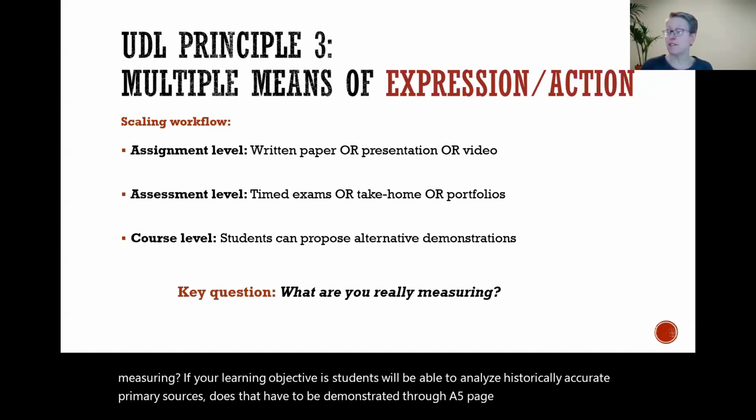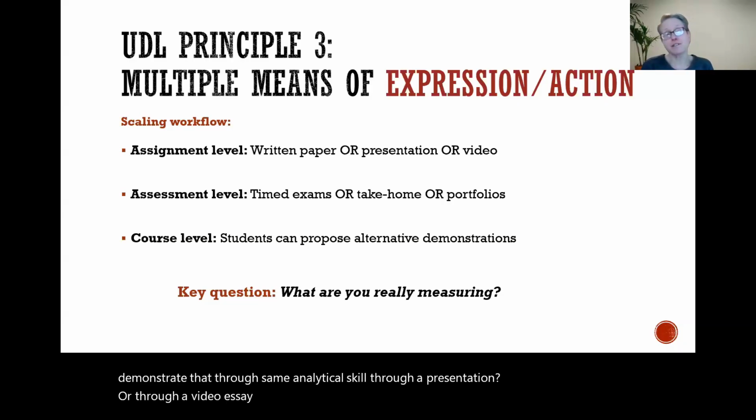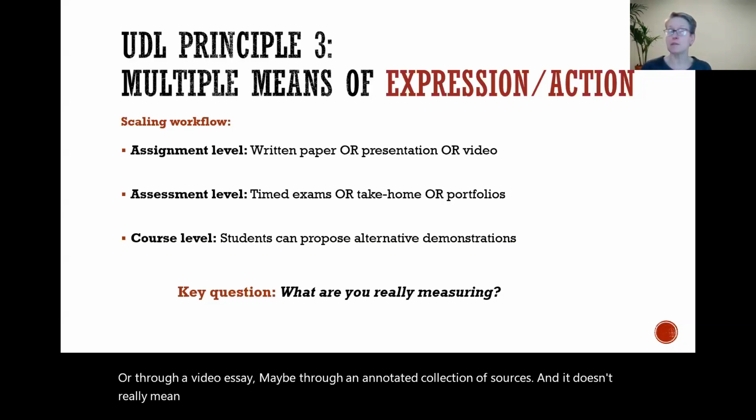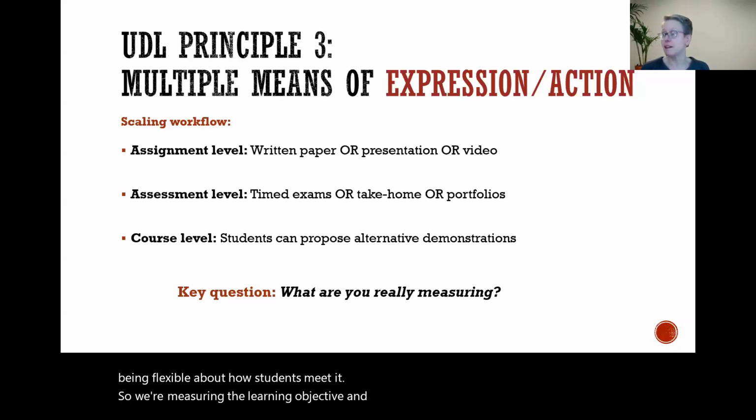Could a student demonstrate that same analytical skill through a presentation or through a video essay, maybe through an annotated collection of sources? And it doesn't really mean lowering standards. It's just about being crystal clear about what the standard is and being flexible about how students meet it. So we're measuring the learning objective and the analysis, not the format that we've traditionally used to assess it.